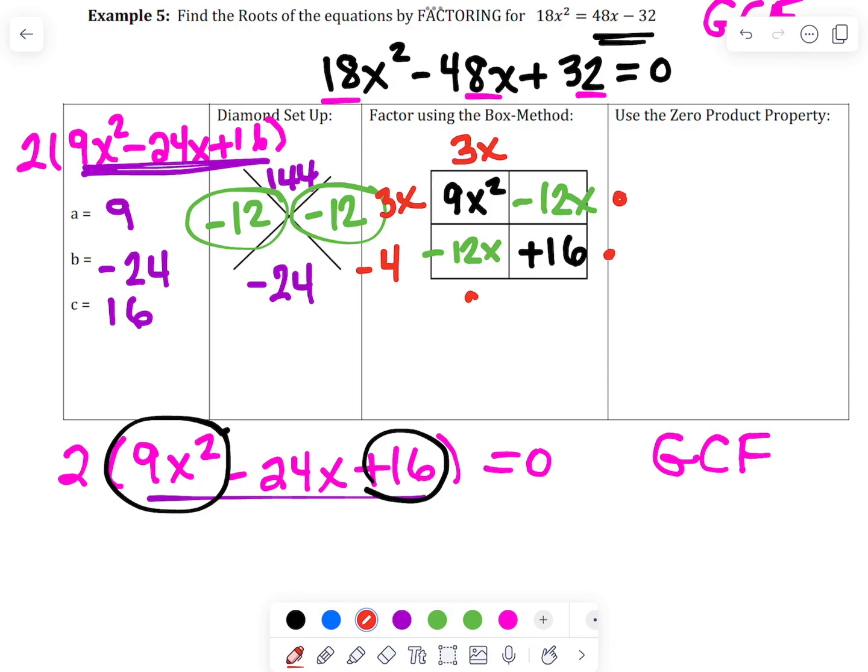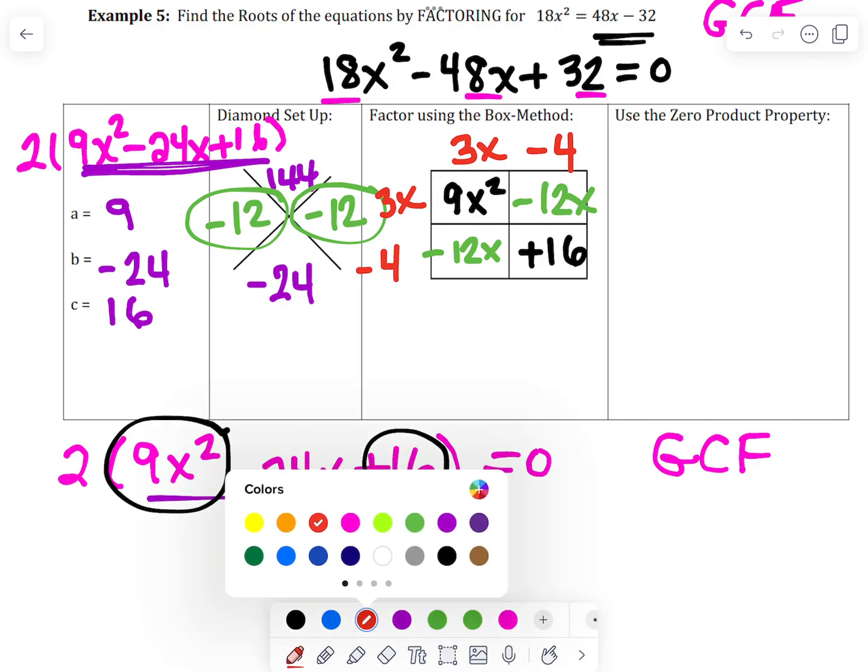It could be negative 3x, but when I multiply 3x and 3x, I get a positive 9x squared. GCF of that last column, negative 4. Now make sure you multiply the terms together and see that you end up with what's inside the box, those 4 terms. So now what's outside the boxes will be our 2 binomials.